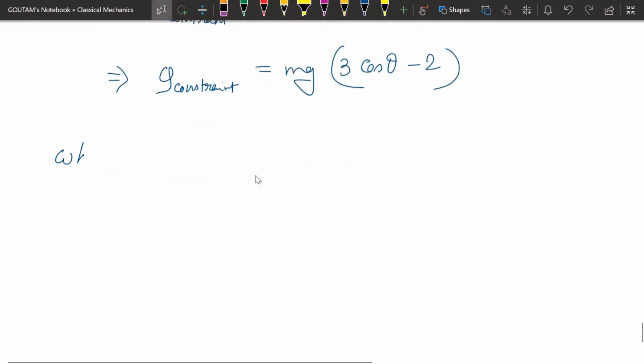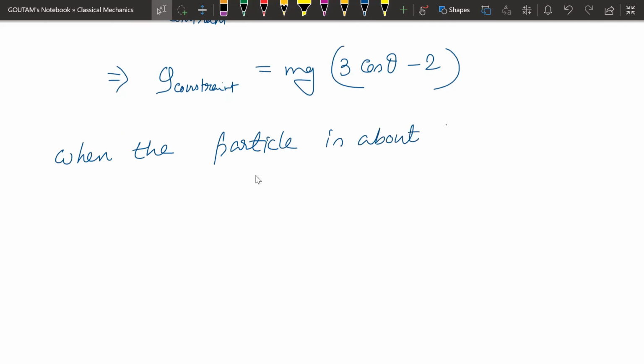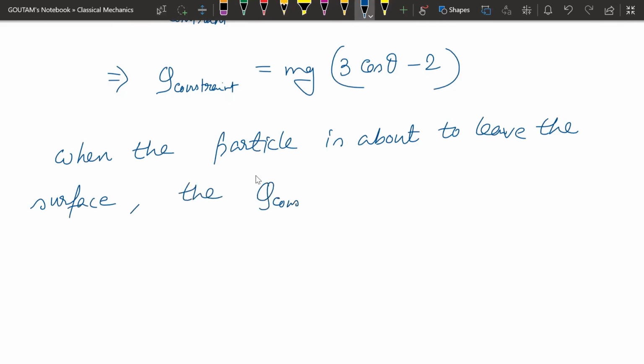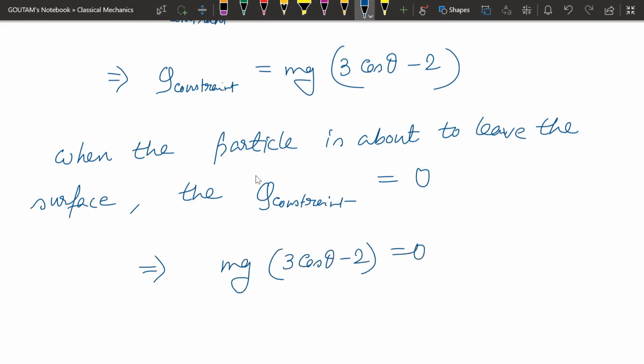So when the particle is about to leave the surface, Q constraint will be 0. It implies mg times 3 cos theta minus 2 equals 0, which implies cos theta equals 2 by 3. It implies theta equals cos inverse 2 by 3.